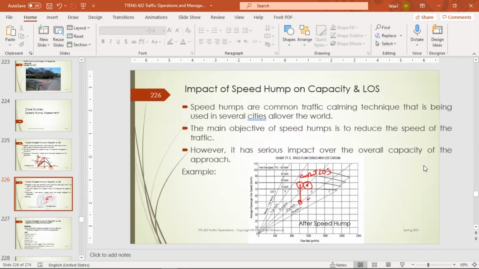We have to be careful with selecting the speed control measure such that we don't turn the situation into an F situation or congestion. Otherwise we are solving a problem but creating a problem on the other end. The same applies also for the narrowing strategies. We need to be careful with that.